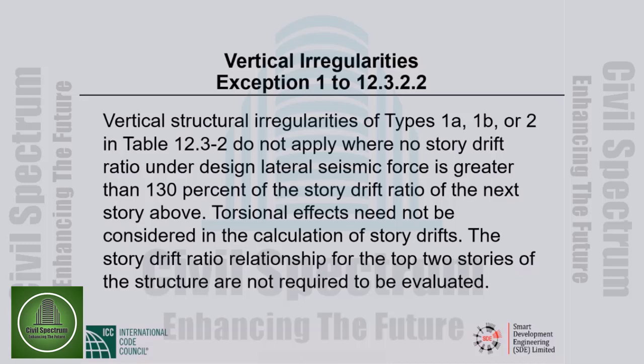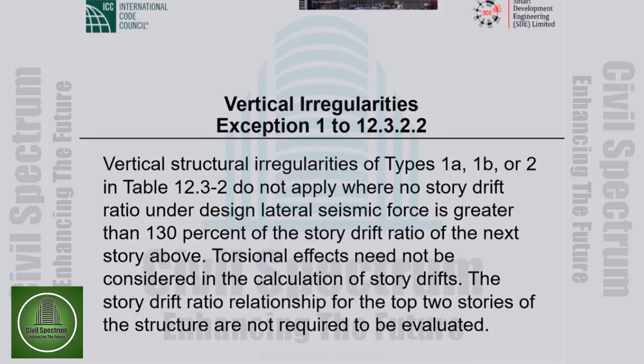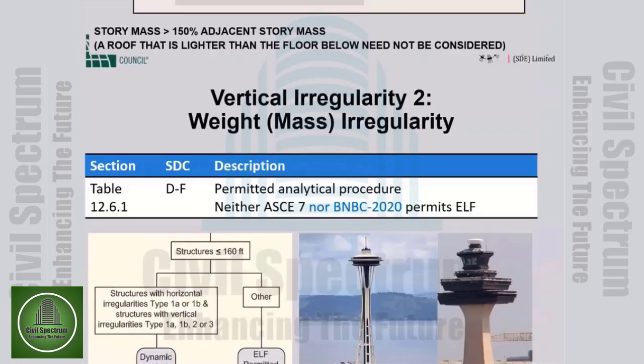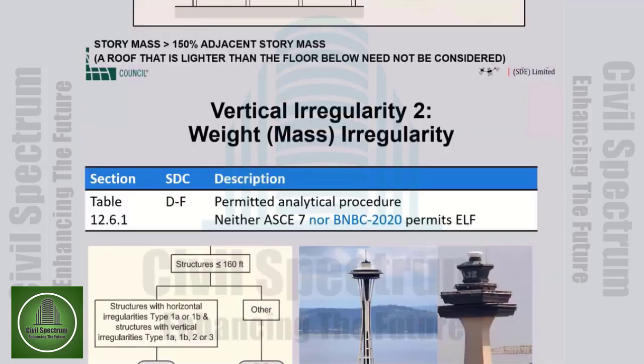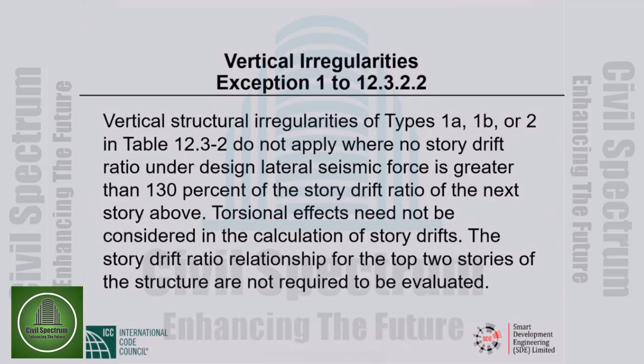Vertical structural irregularities of types 1A, 1B, or 2: soft story, extreme soft story, or the last one we looked at, the mass or weight irregularity. Okay, so soft story, extreme soft story, or mass irregularity do not apply. You don't have to worry about them.